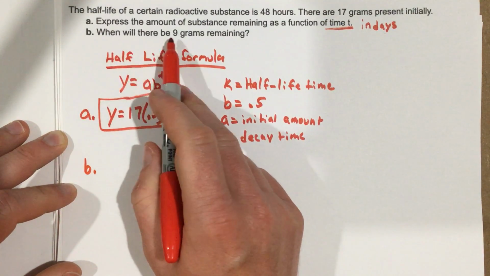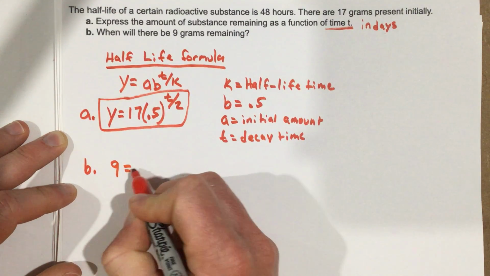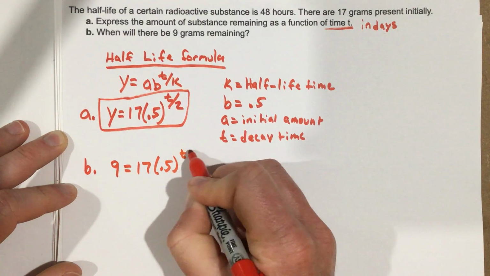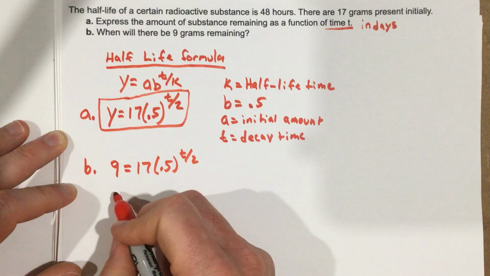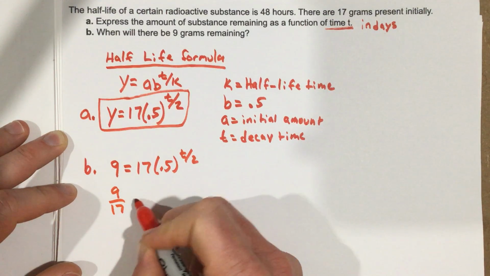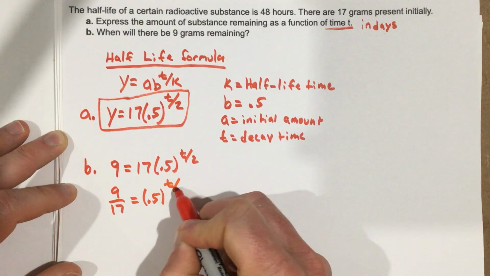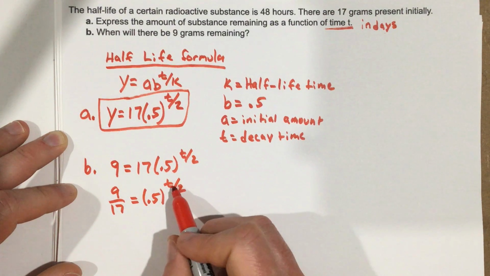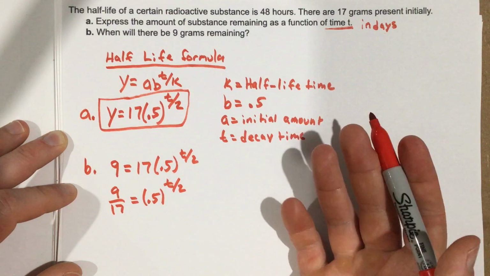Part B, it says, when will there be 9 grams remaining? Well, let's go ahead and throw 9 in for y. So 9 equals 17 times 0.5 to the t over 2. I'm going to go ahead and divide by 17, so we get 9 over 17 equals 0.5 to the t over 2. Now in order to get the exponent to the front, I'm going to take a logarithm of each side.